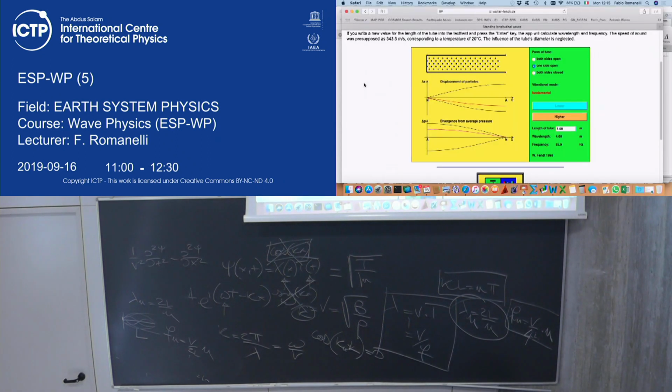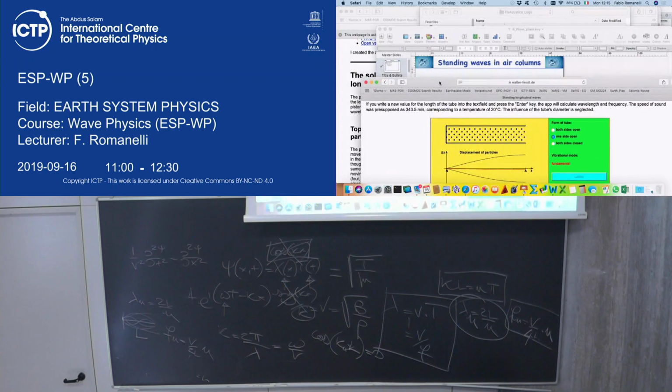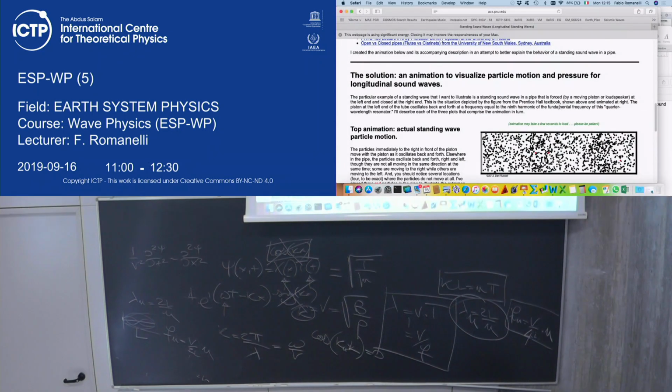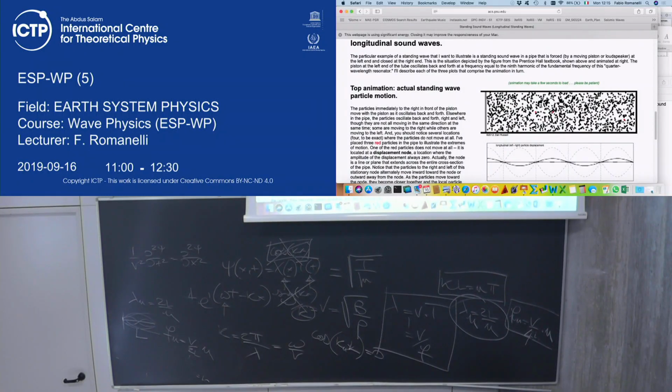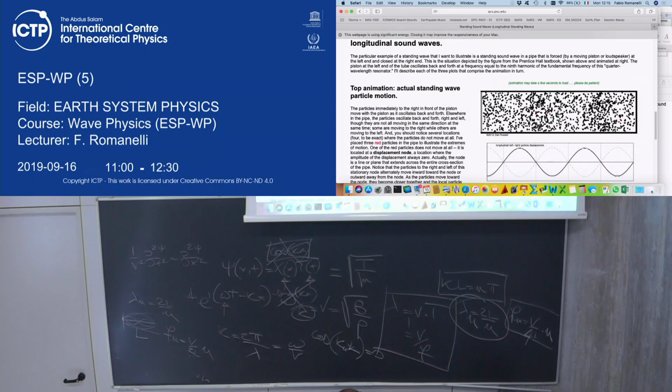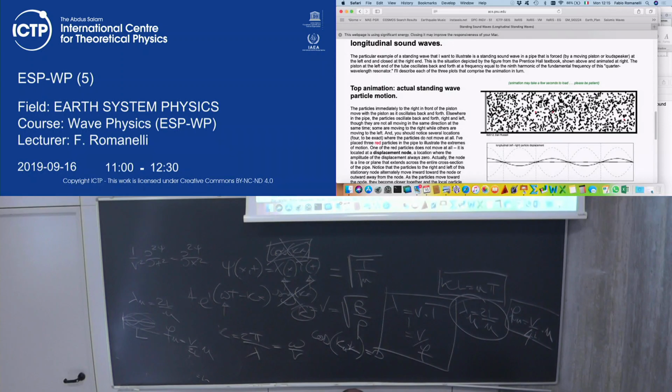it's time to go back to this one. Now maybe you can appreciate it. Because what is the difference between this animation and the one that we have been admiring during the last lectures? There is an edge, there is a wall at the end. So particles cannot move there. It's a boundary condition.